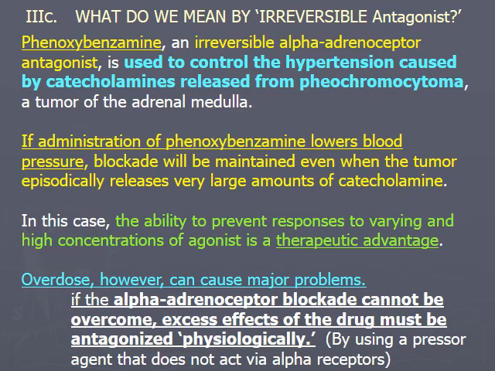So the idea here is we've got this horrible tumor. Why not remove it? Sometimes you can't remove it. But interestingly, we have this drug called phenoxybenzamine. Phenoxybenzamine is an irreversible antagonist of alpha adrenergic receptors. You probably encountered alpha receptors in medchem.